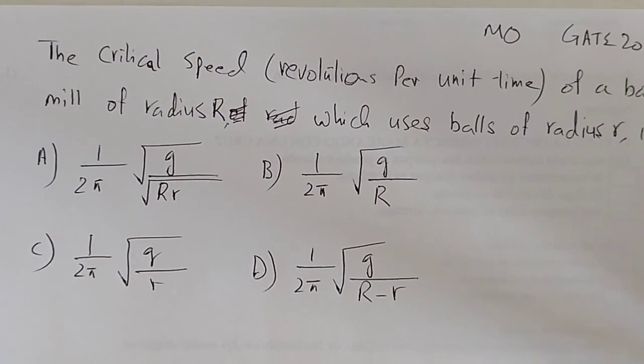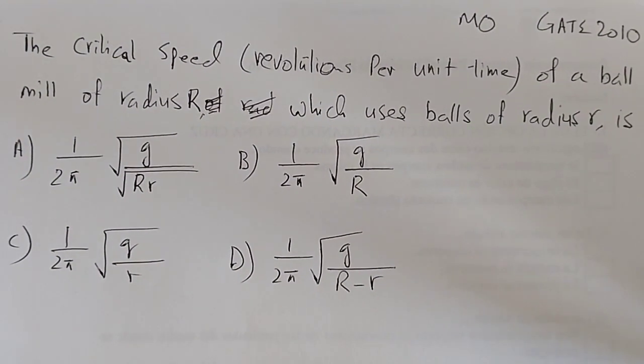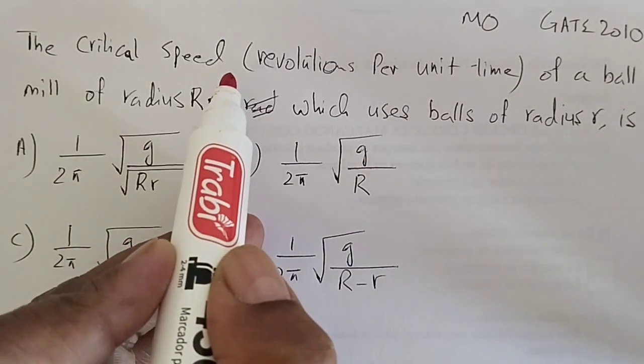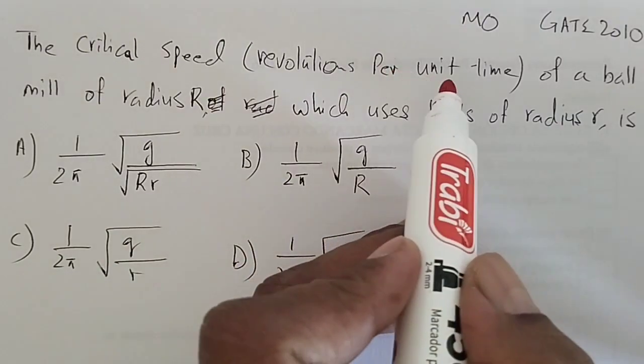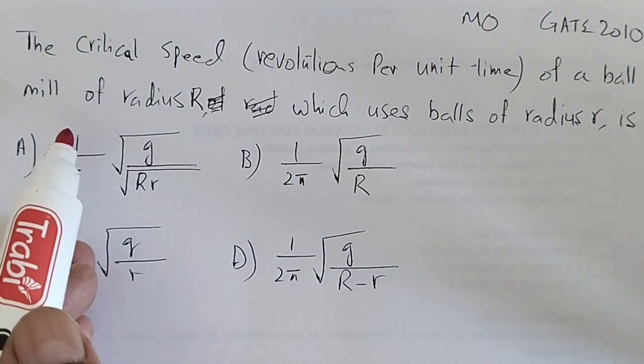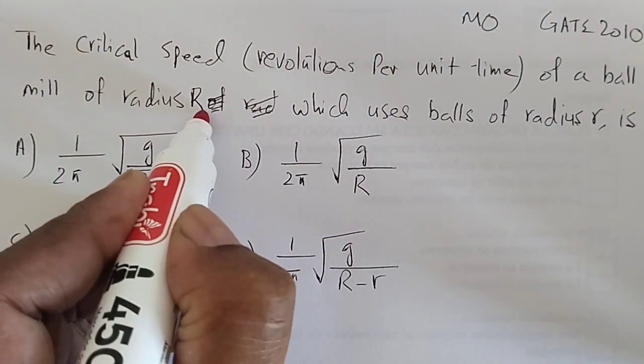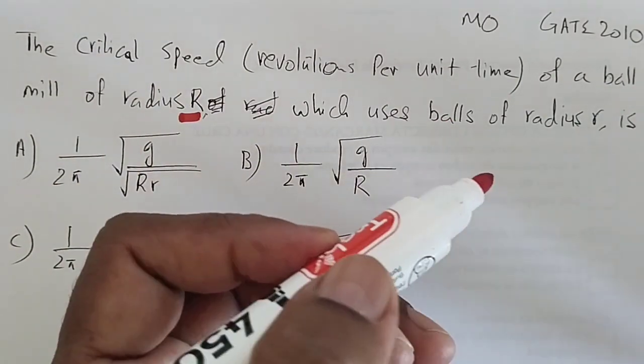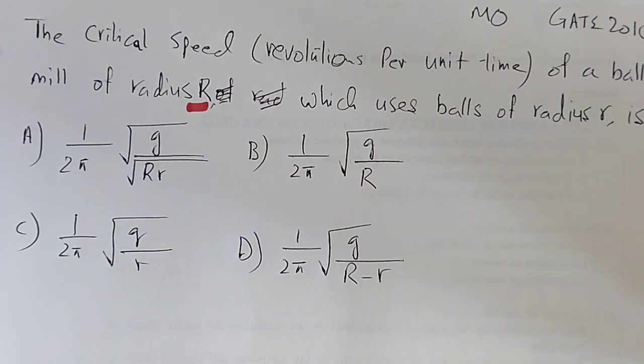Second problem is problem number 6, again from mechanical operation, GATE 2010. The critical speed revolutions per unit time of a ball mill of radius capital R, which uses the steel balls of radius small r, and there are 4 options.